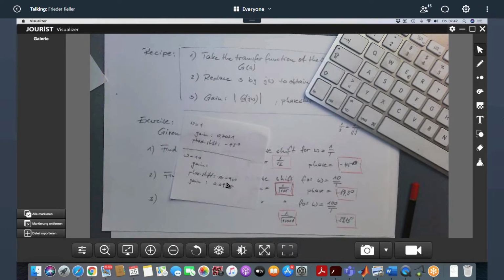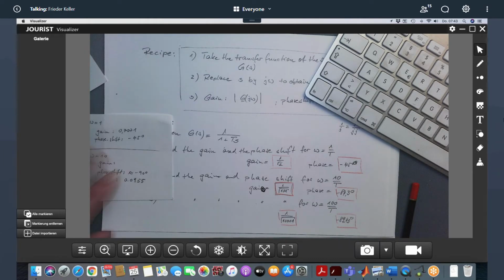That is not what we measured in our MATLAB Simulink stuff, and that is for omega equal 100. But we have calculated here in our exercise what comes out. And important is, as you see, the gain is permanently reducing the higher the frequency is. And therefore, that is clear. That is a low pass.